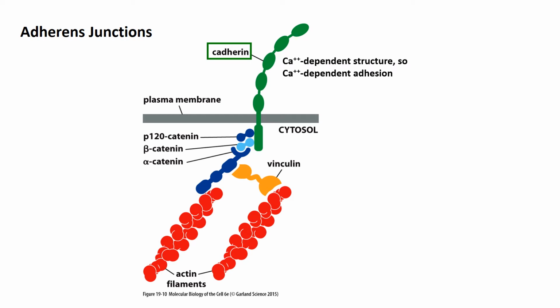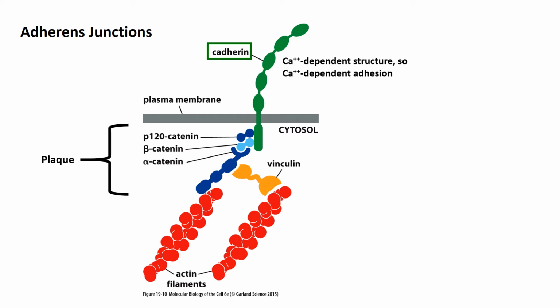The first two letters of the word cadherin are an homage to their calcium dependence. The structure of cadherin proteins is maintained when calcium is bound. And because structure is related to function, it's only when calcium is bound that the proper structure enables binding to another cadherin protein.